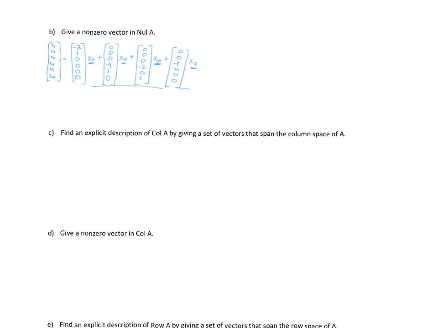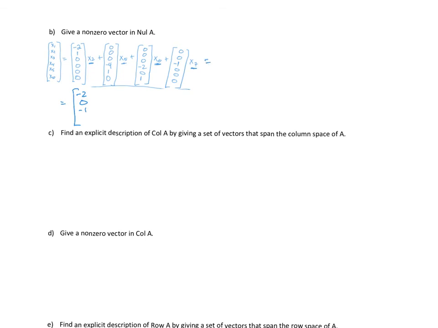So if I make all those weights 1s, I would get -2 plus 0 plus 0 plus 0, 1 plus 0 plus 0 plus 0, 0 plus 0 plus 0 plus -1.